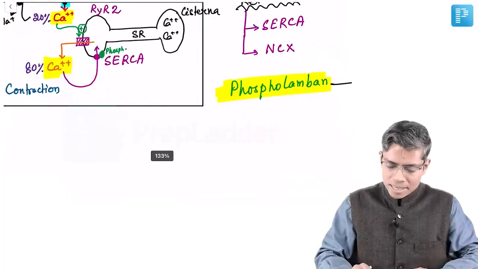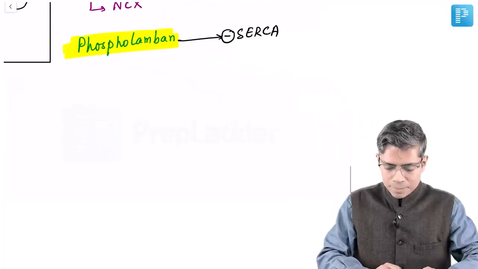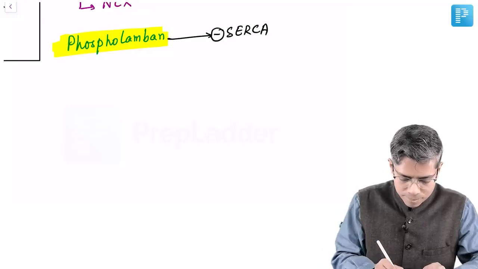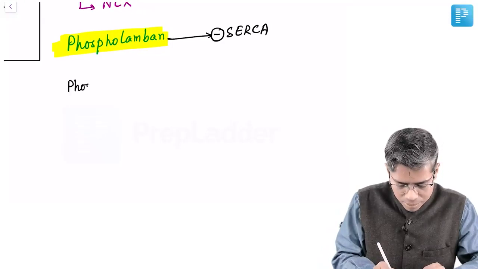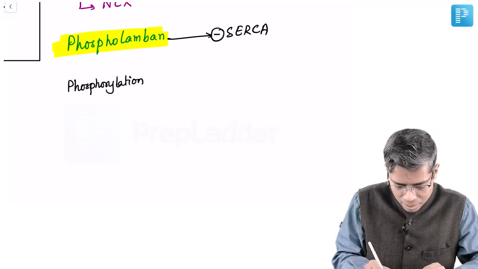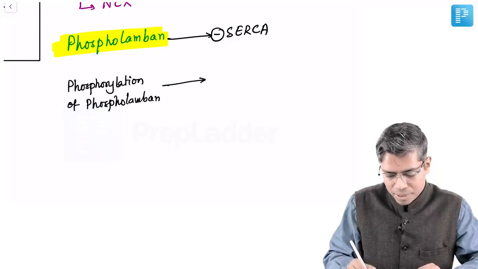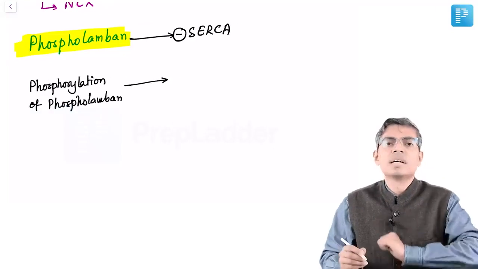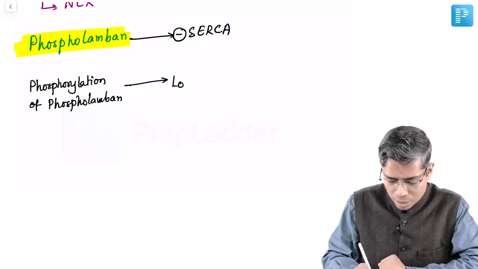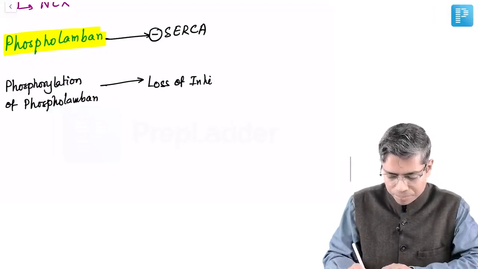But by certain means, if you cause phosphorylation of this phospholamban protein, what will happen? It will remove the inhibition. So there will be loss of inhibition of SERCA pump.